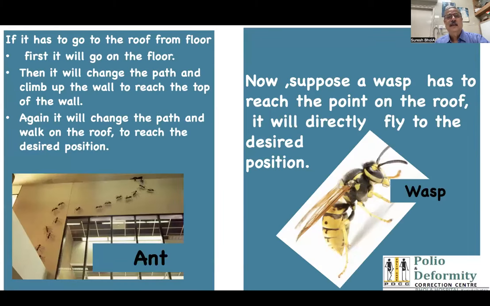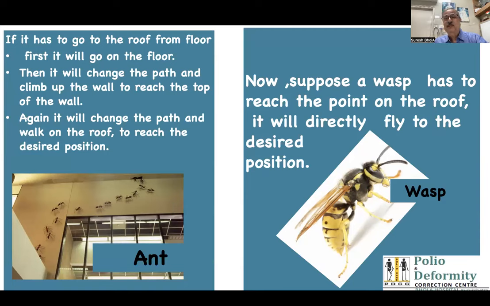Just to simplify, what do I mean to say by this? If there is an ant and it is on the floor, it wants to go to the roof, first it will travel the floor, then it will travel the wall, and then to the desired position on the roof. Suppose instead of this, we have a wasp. The wasp will reach the point on the roof directly from the floor.